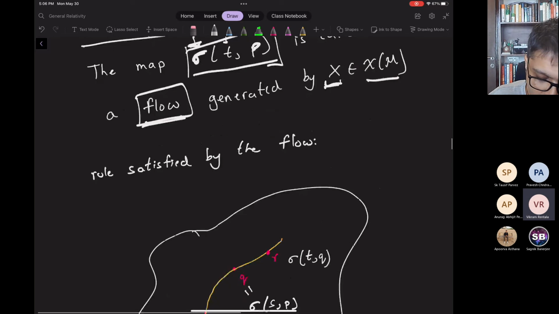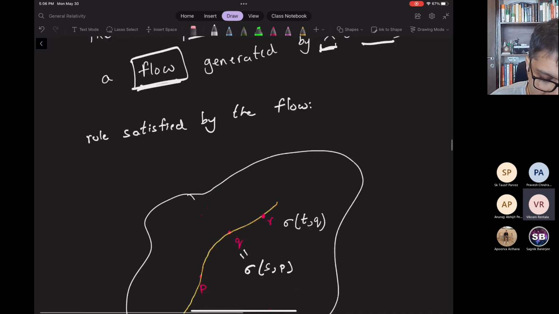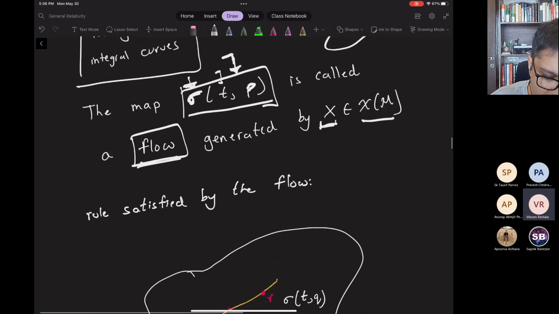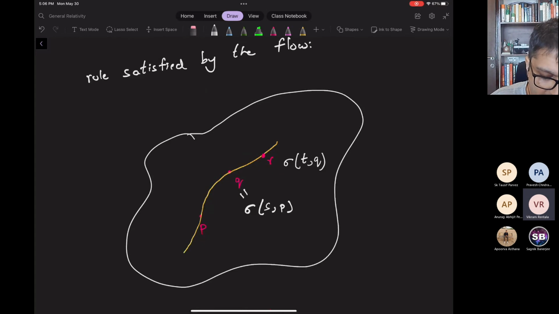There are some rules which must be satisfied by this flow. If I start with the point P and move by an amount S, I'll end up at some point, let's say Q over here. So this is sigma SP.